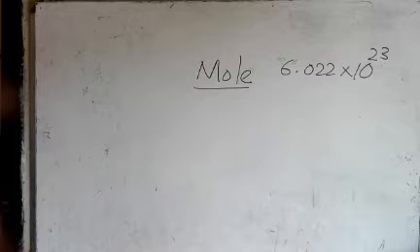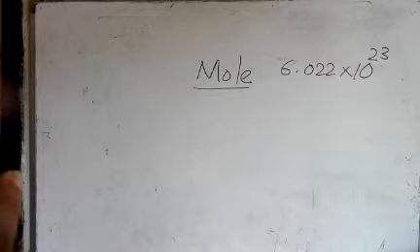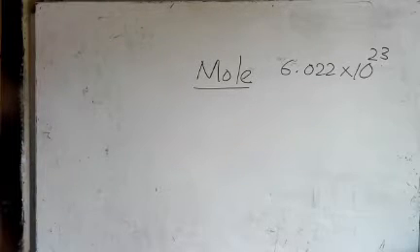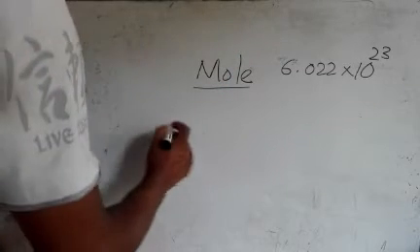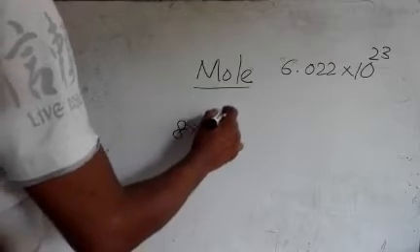As an example, if you say one mole of people, it has a meaning, but one mole of people is not there on the earth even. We know world population is nearly 8 billion. So we can write it like this: 8 into 10 to the power 9.